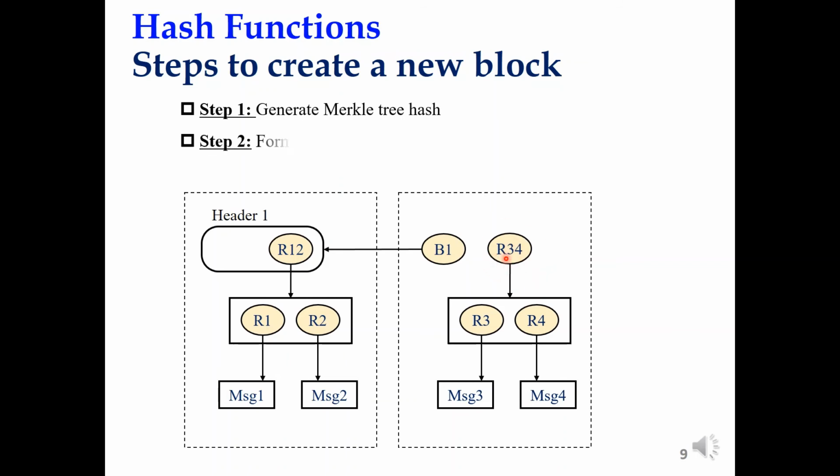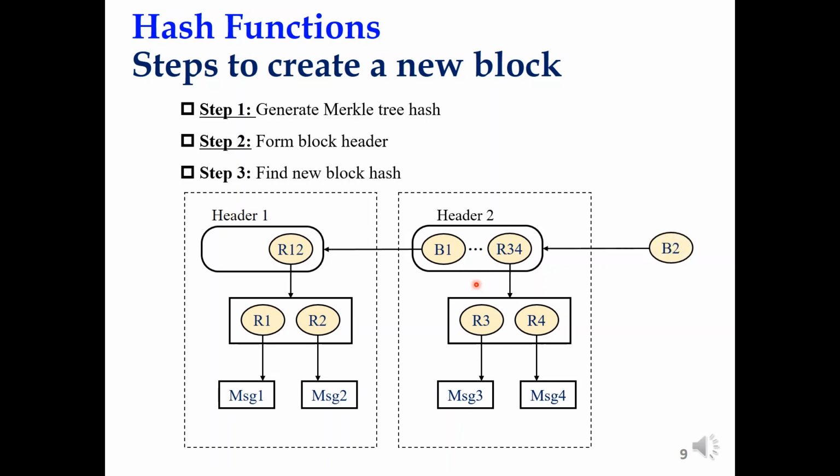The second step is to form the block header by combining the Merkle tree hash R34 with the previous hash B1 and some other information, which I will show you later. This generates the header for block 2. In step 3, it finds the new block hash B2 for this header. So there are 3 steps like that.